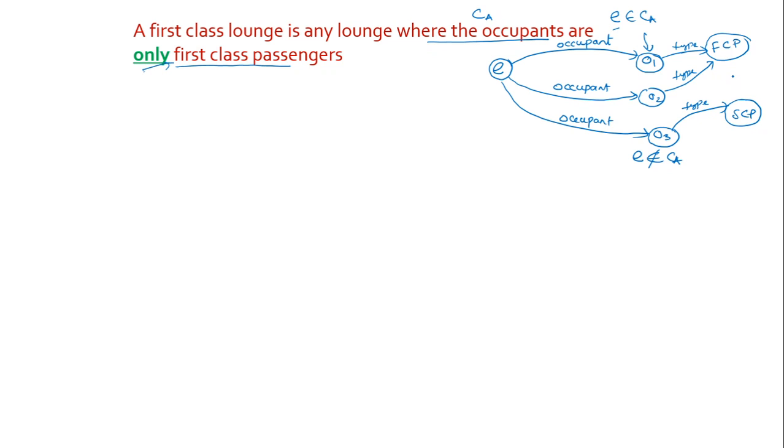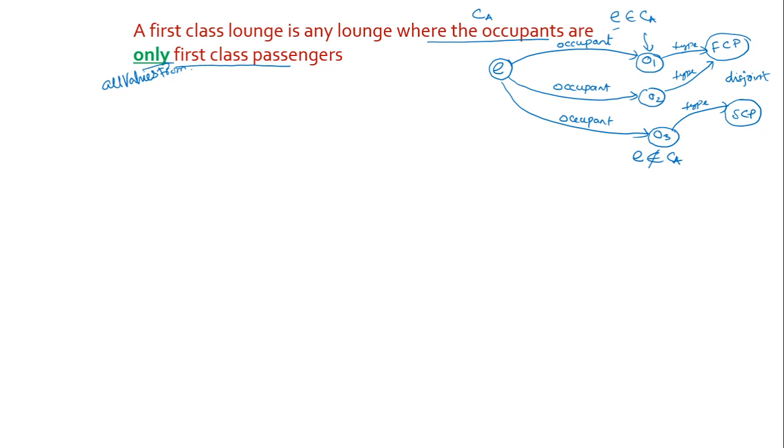We are assuming that SCP and FCP are disjoint. So this scenario will be modeled using this only, and only is represented in OWL using all values from.